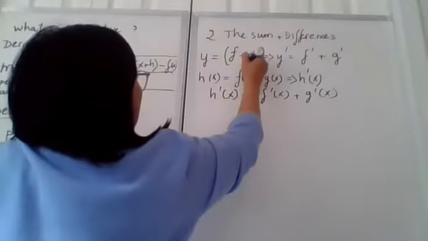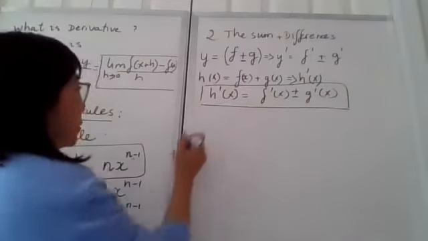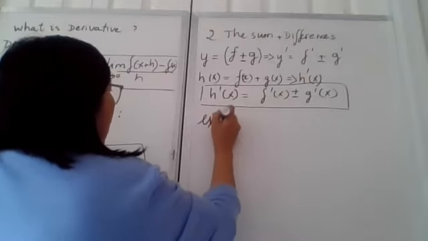Now it works the same for negative, subtract, right? So I'm going to put underneath here the negative side as well. It means this can be positive and negative, adding or subtracting. We use the same rule. So this is how it works. Now let's take a look at this example.